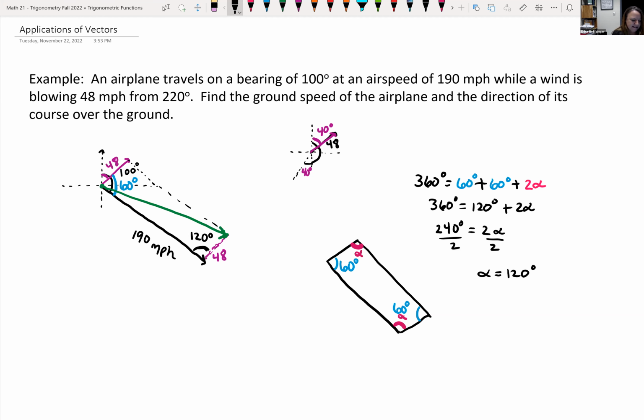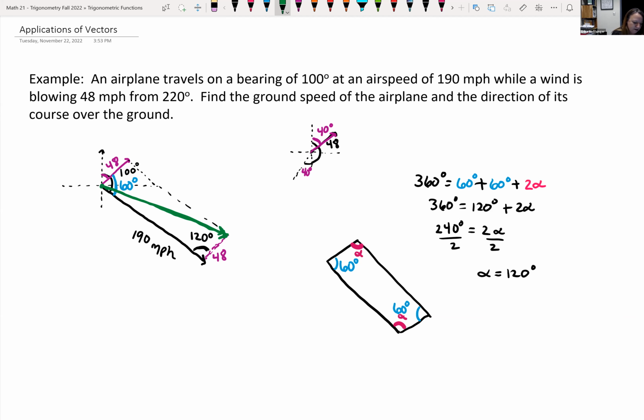So I want to find the length of my resultant vector. And notice that I have an angle sandwiched in between two known sides. And so here I can use the law of cosines.